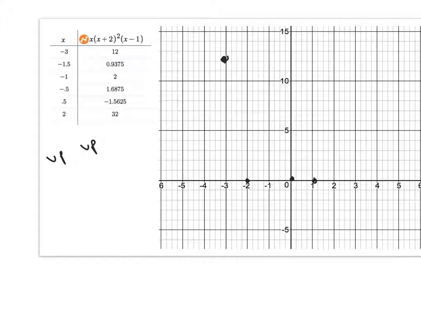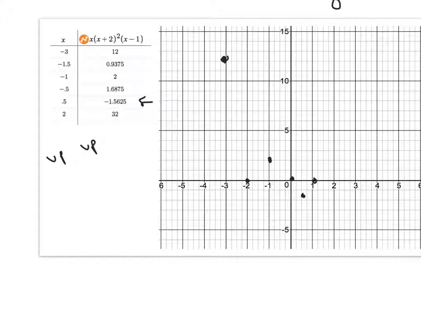Then I plotted negative 1, 2 as a point right here. I plotted 0.5, and I got negative 25 over 16, which as a decimal is negative 1.5625. So 0.5, negative 1.5625 is going to be about right here someplace. And then 2, 32 is going to be way up here someplace. I didn't actually finish plotting it, but it'll be way up there someplace.